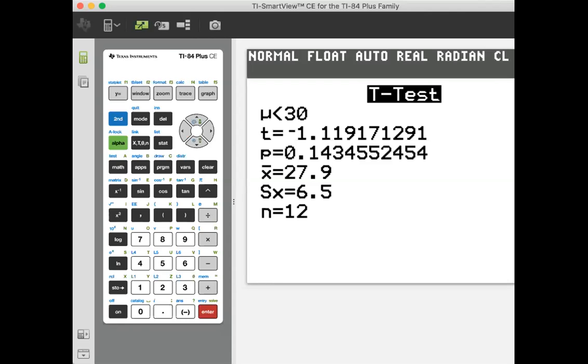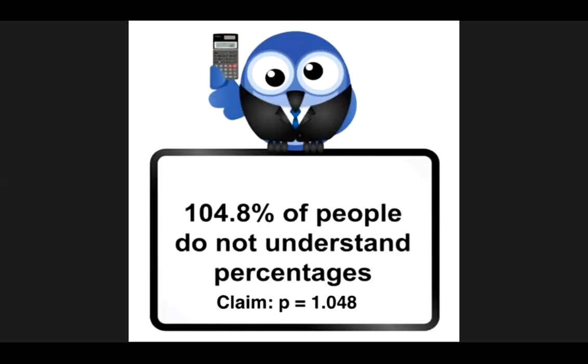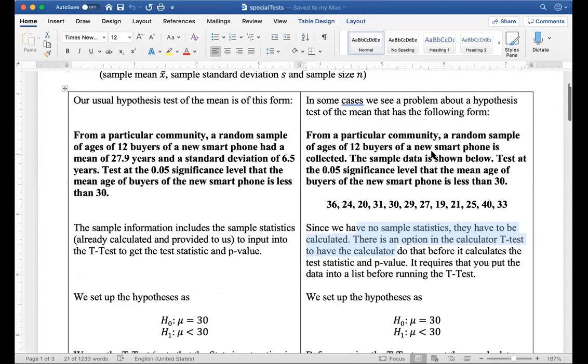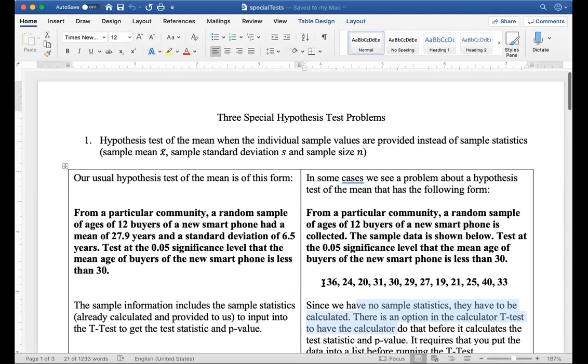But if we were to be given the same basic problem, but without the test statistics, let's go back and look at the problem. Instead of the test statistics, all we have are sample values. In order to do this without the statistics, we couldn't go to the t-test necessarily.